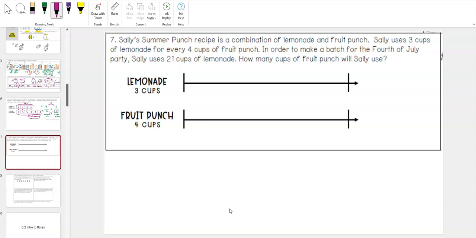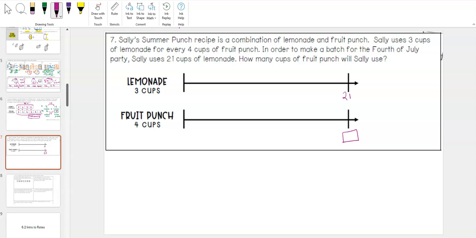In order to make a batch for the 4th of July party, Sally uses 21 cups of lemonade. How many cups of fruit punch will Sally use? So we have 3 cups of lemonade for every 4 cups of fruit punch. We know that Sally uses 21 cups of lemonade for her party, and we need to figure out how many cups of fruit punch that will be.